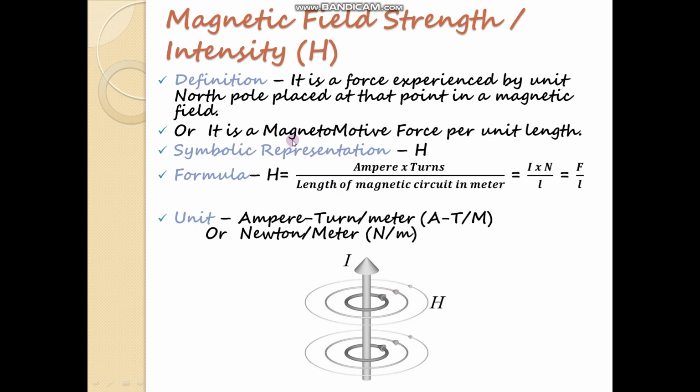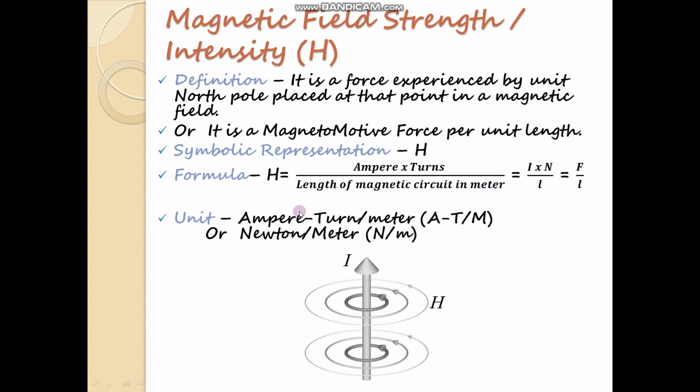Or in another way, magnetic field strength is the magnetomotive force per unit length. It is denoted by the letter H and given by the ratio of the product of ampere and turns, means current and turns, divided by the length of the magnetic circuit in meters.